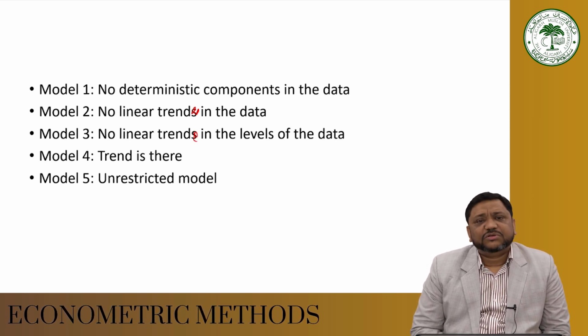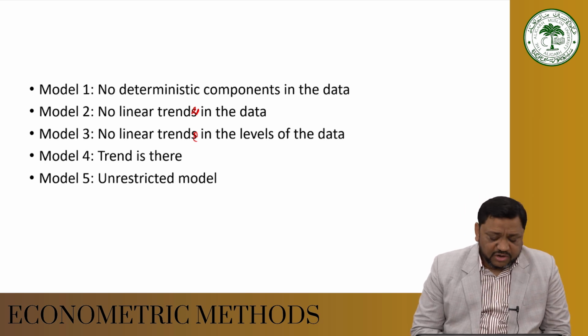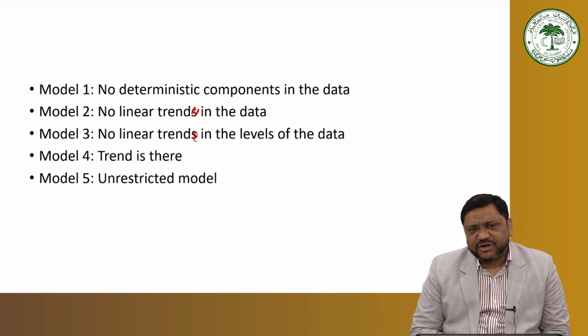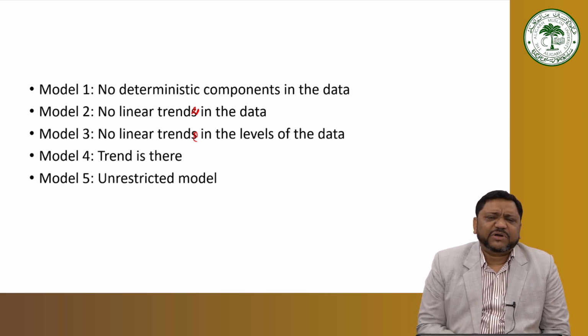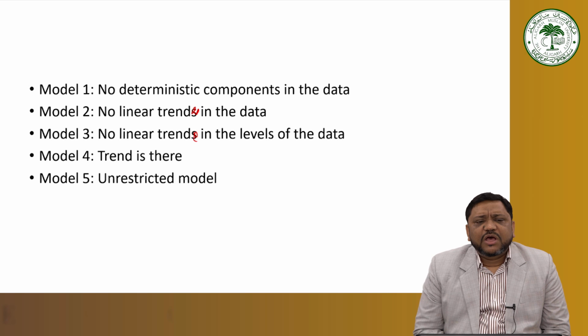Model 4, there is trend. Model 5, this is the unrestricted model. In model 1, this is quite unlikely to occur in practice because normally in economics we don't have a series with mean 0. So this is very unlikely.